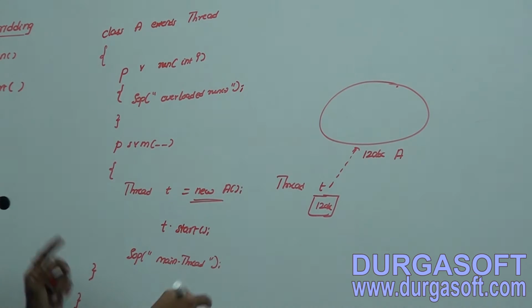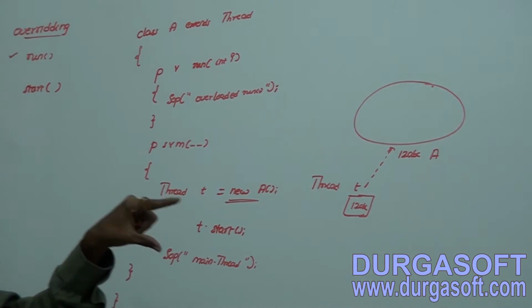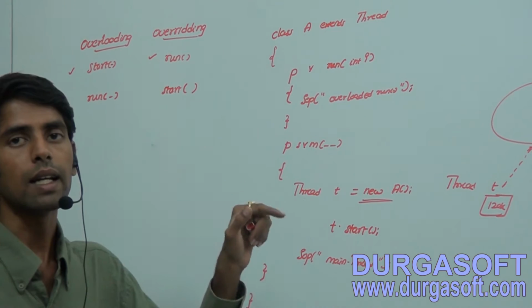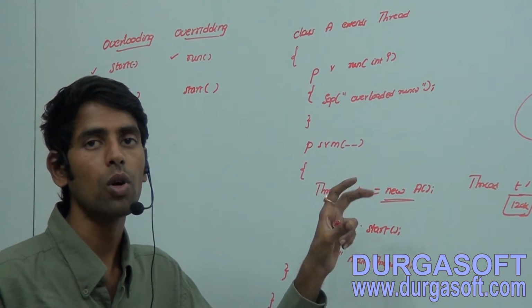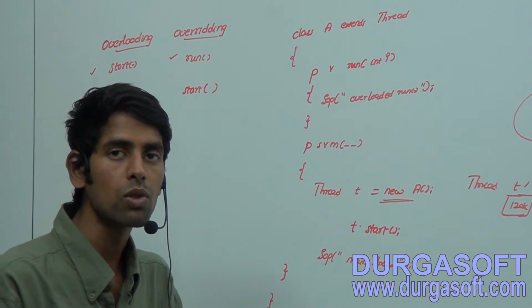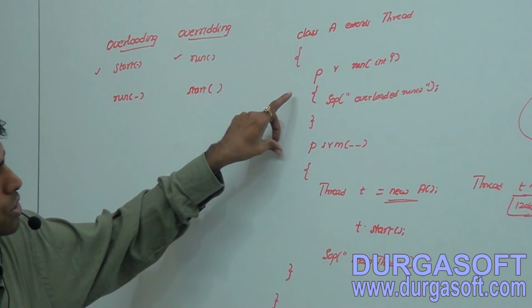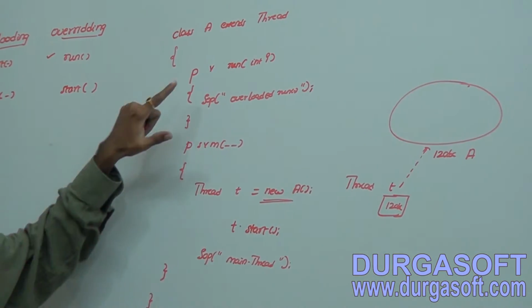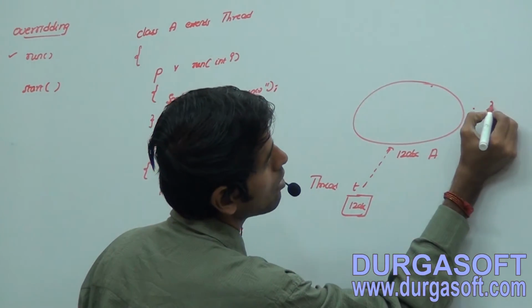Whenever an instance has been created, the data members and the methods become part of that instance, that is, they get associated. Now currently what methods are available in this corresponding instance class? Only the run method, right?